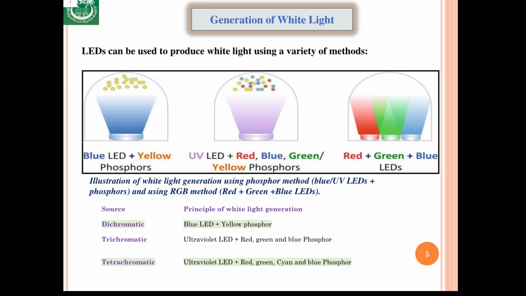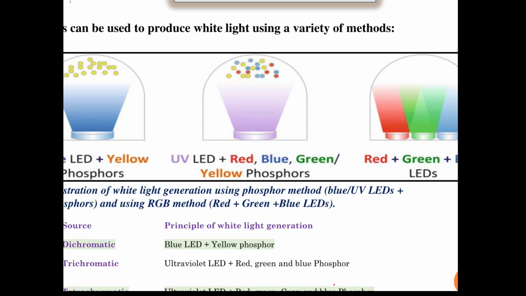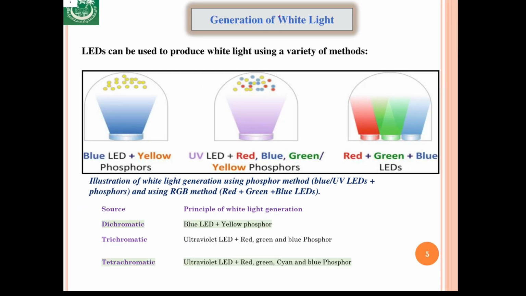So one can have a dichromatic, trichromatic source, etc. For example, an ultraviolet LED with red, blue, green phosphors together, or a yellow phosphor, that will give you a white LED.